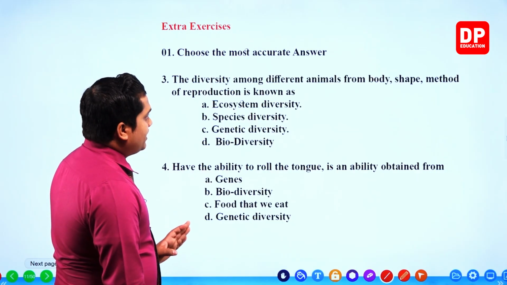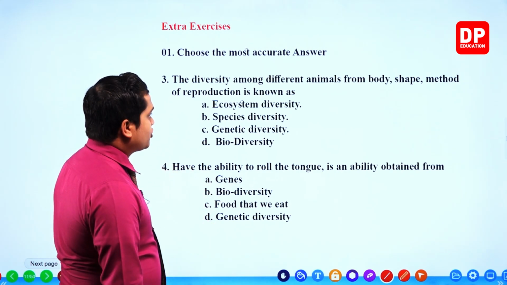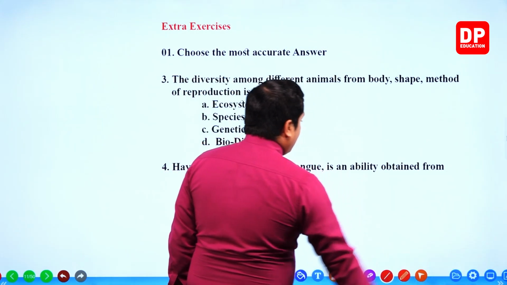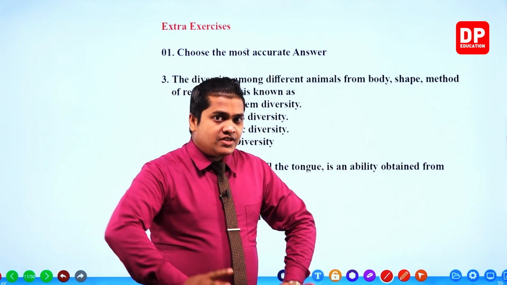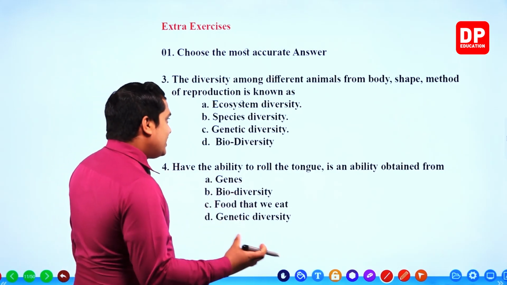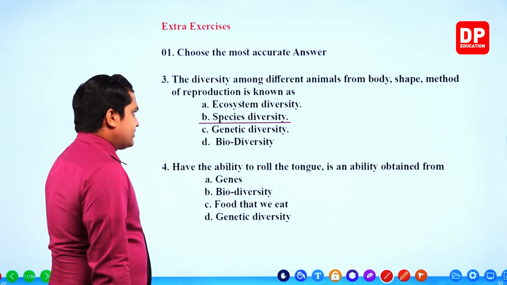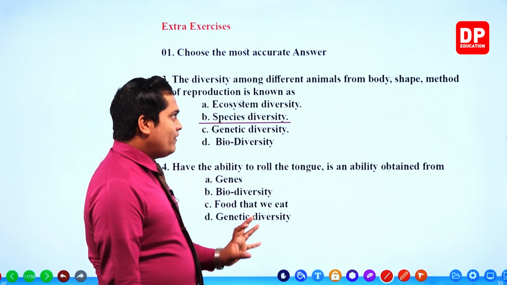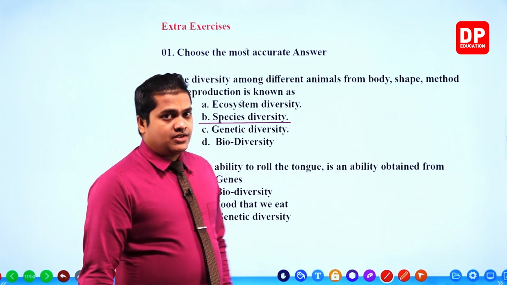So all of these features are observed within organisms, my dear children, or else from one particular species to another particular species. So therefore, this is especially reflecting the species diversity. We know that this is also a type of biodiversity. However, for this question, the most accurate answer would be species diversity, right?